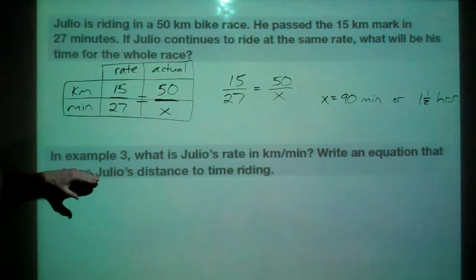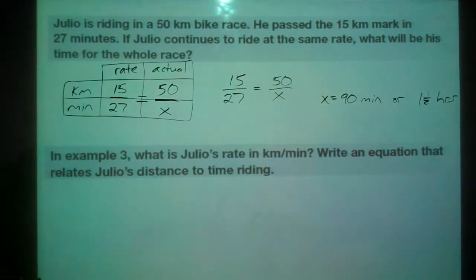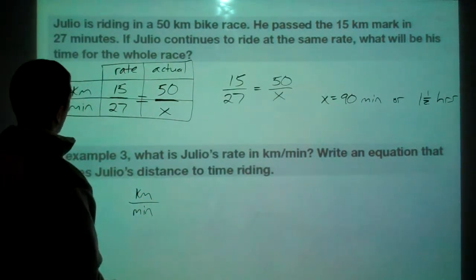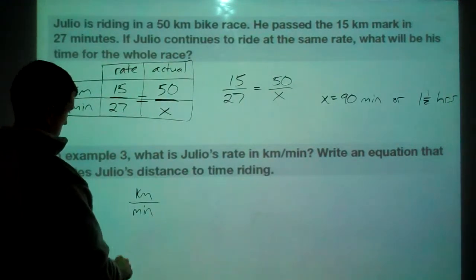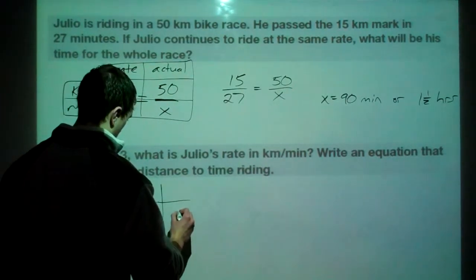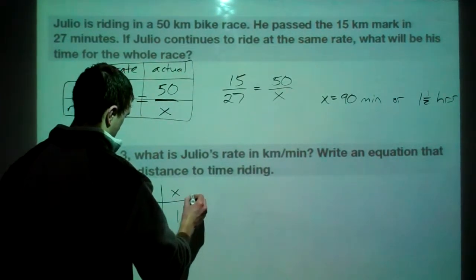So, rate in kilometers per minute. So, kilometers per minute is what we're looking for. We want kilometers per 1 minute. We're looking for this.